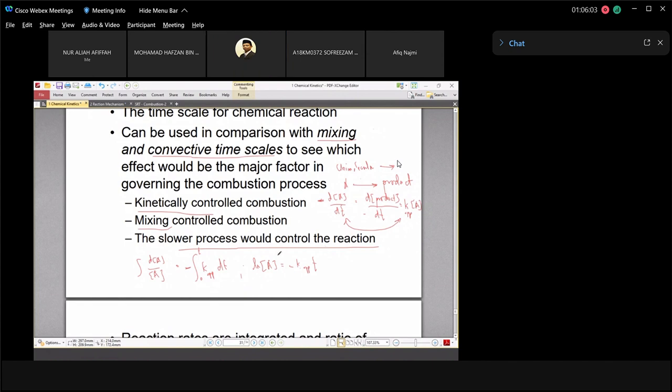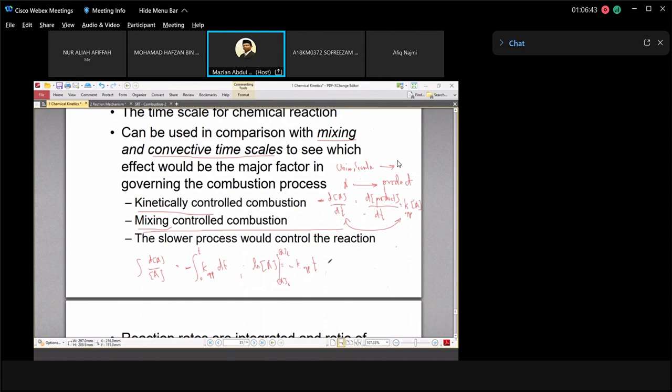And this is evaluated from early concentration, meaning before reaction happened, initial, and the concentration after some time, after time t.